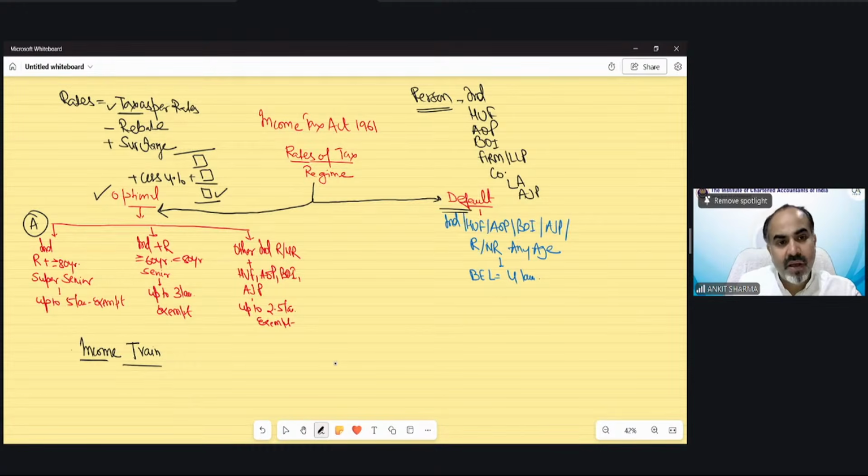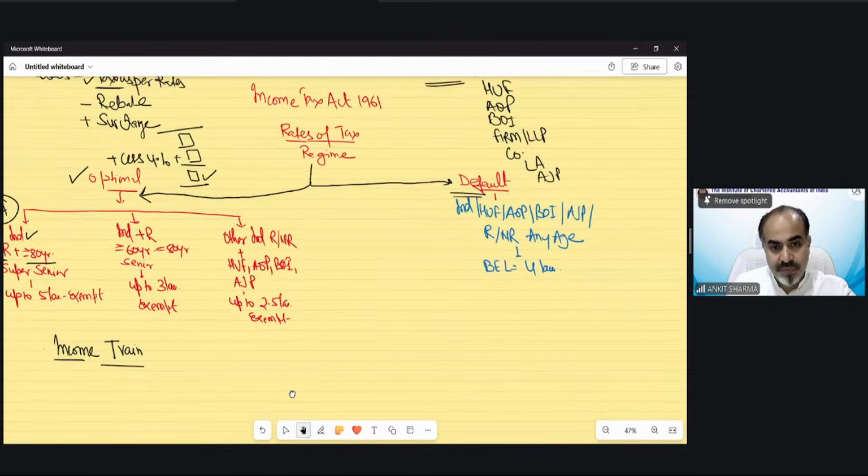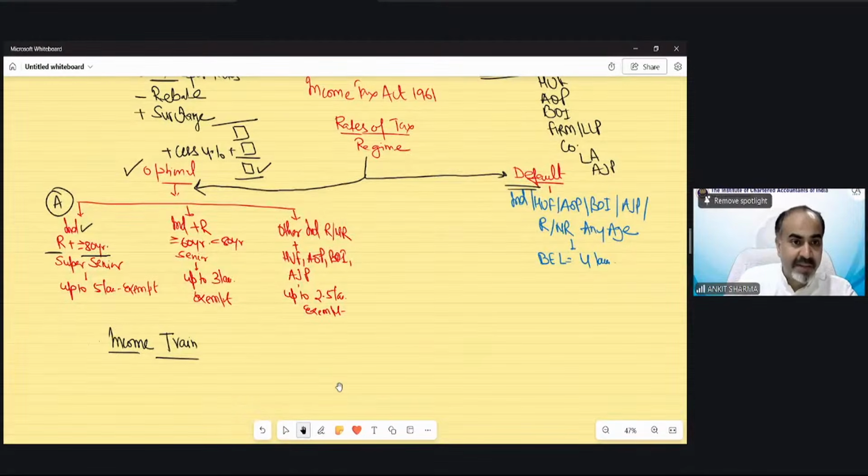So if the person is an individual who is resident, and if his age is 80 years or more, in the question, if that is an individual who is resident in India, and the age is 80 years or more, that is called a super senior citizen.